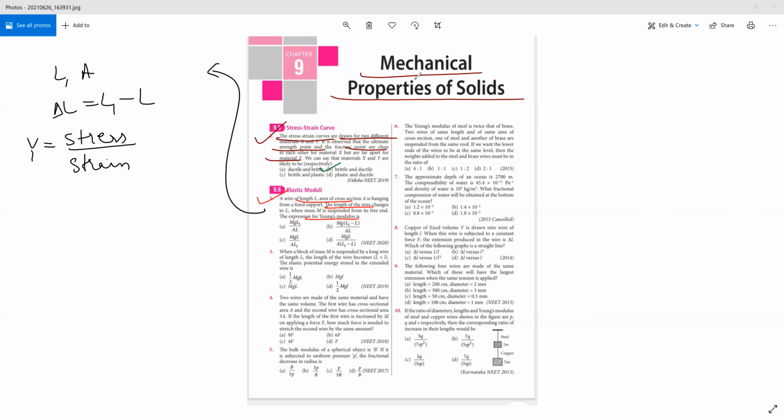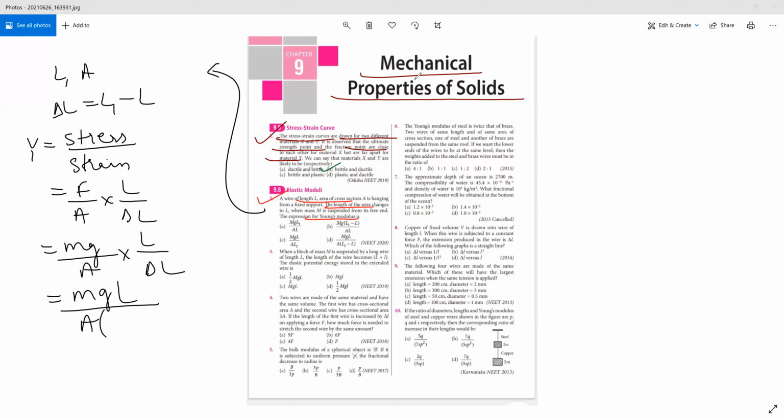So that's equal to force divided by area into L divided by delta L, and force is substituted as mg and area is kept as it is, into L divided by delta L. Or you can write this one as mgL divided by area into L1 minus L. This delta L is substituted as L1 minus L.